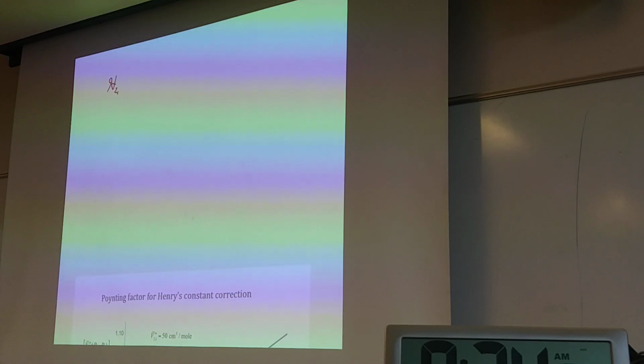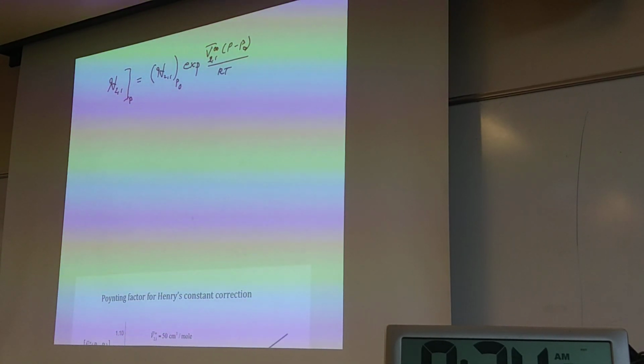Let's say Henry's constant at some pressure that we're interested in would be equal to Henry's constant at some pressure P0 times a Poynting factor correction, which is then the exponential of this, where P0 here refers to the pressure for which we have the data for Henry's constant.